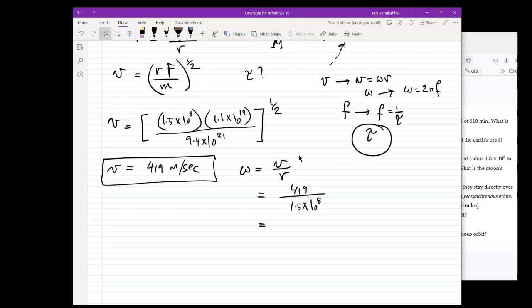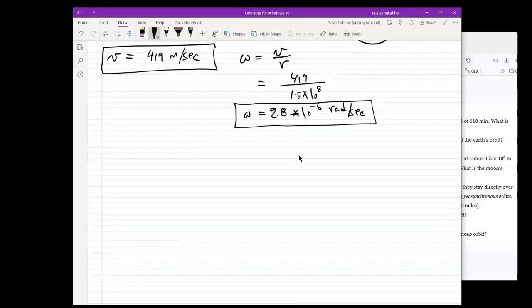So that would be divided by 1.5, 8, answer 2.7, let's say 2.8 times 10 to the power of negative 6 radians per second. Okay, let me box it. I like to box my answers. That's a very good idea to do that.